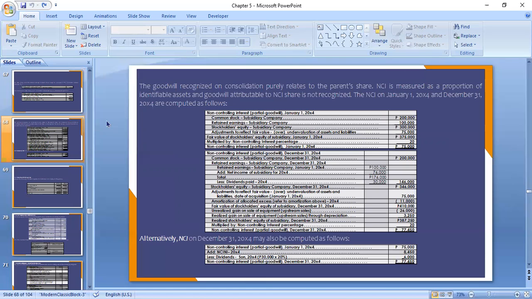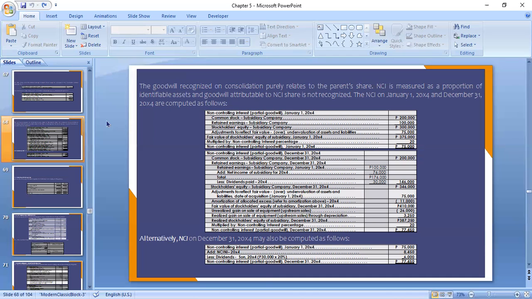The NCI on January 1, 2024 and December 31, 2024 are computed as follows. So we have now the non-controlling interest using the partial goodwill approach on December 31, 2024, 477,450.